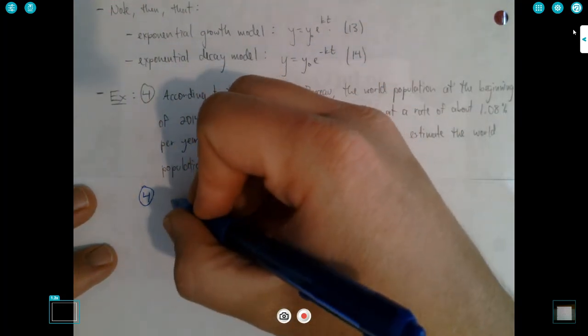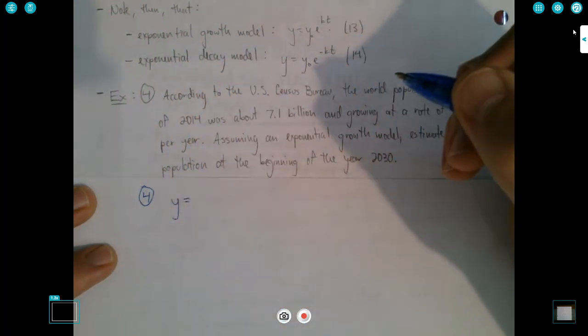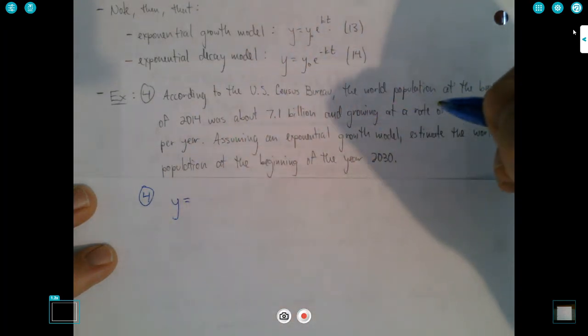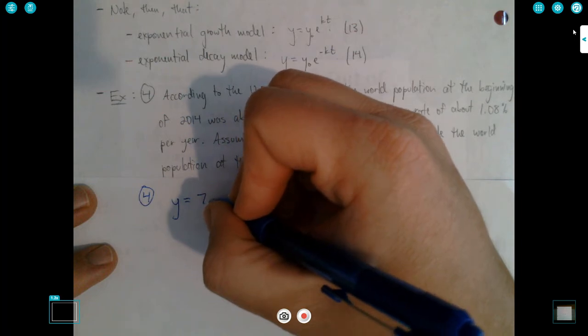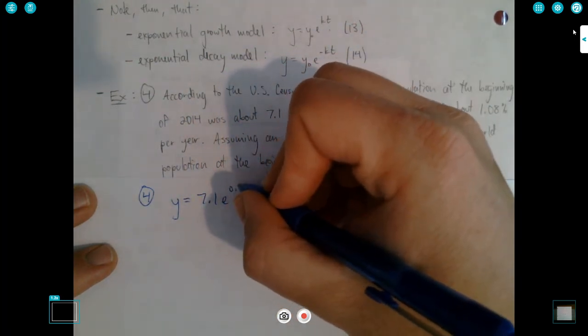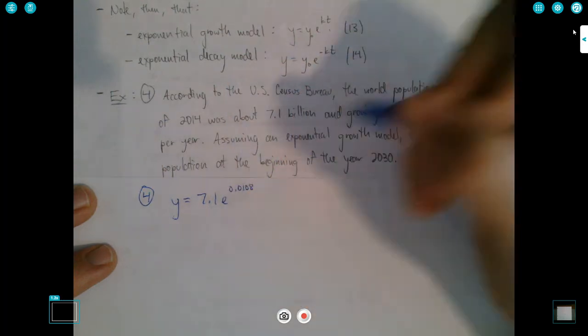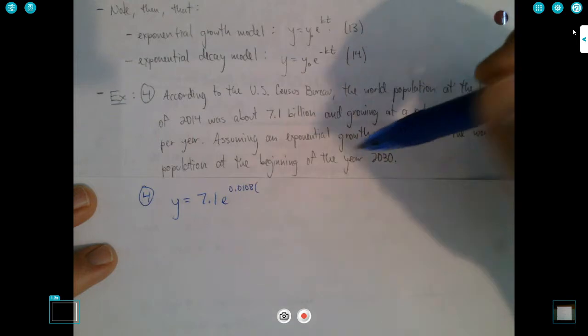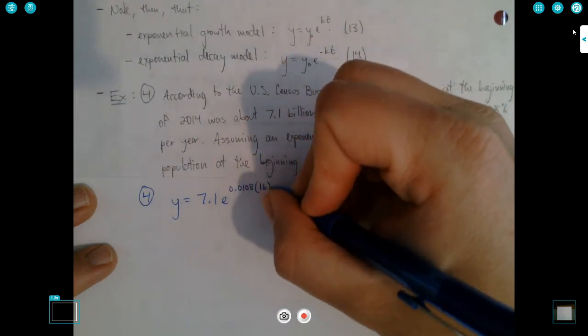So then the prediction would be this. We would say y equals y naught e to the k times t, which we said from 2014 to 2030 would be 16 years.